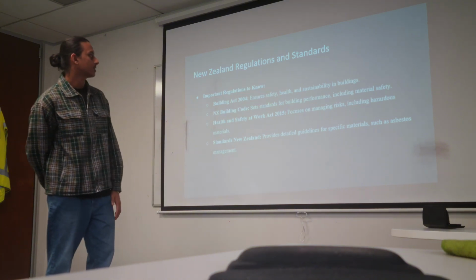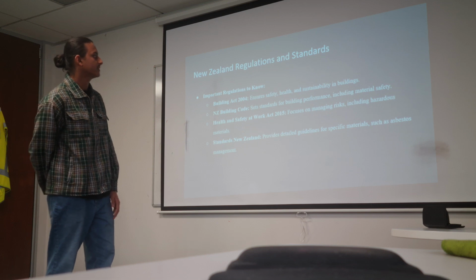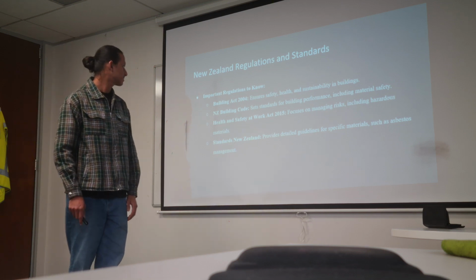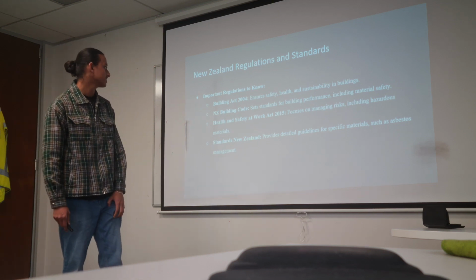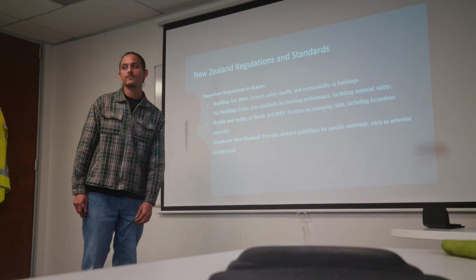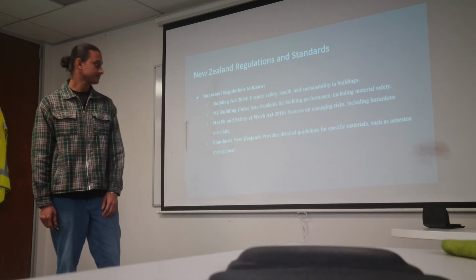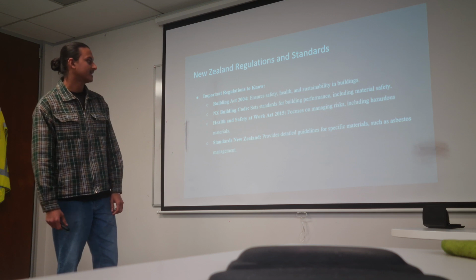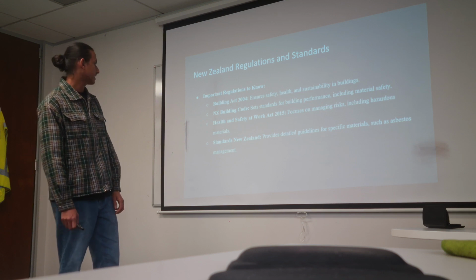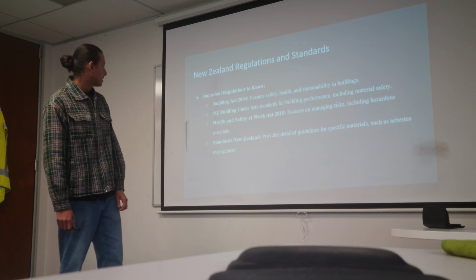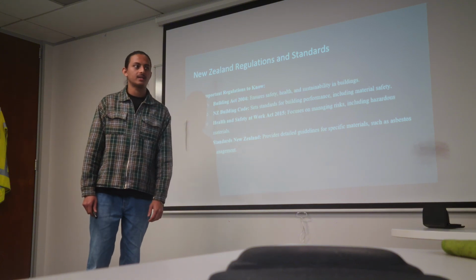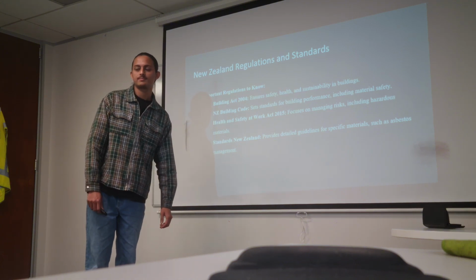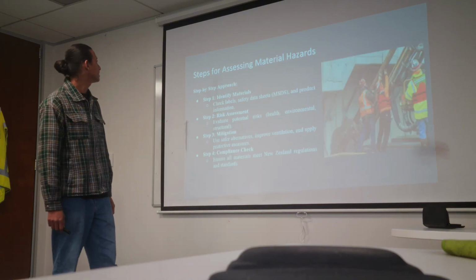Health and Safety at Work Act 2015, which mainly focuses on managing risk, including hazardous materials. It ensures how the safe work is going on. And Standards New Zealand provides detailed guidelines for specific materials such as asbestos management. It also provides a certificate after the completion of the project.